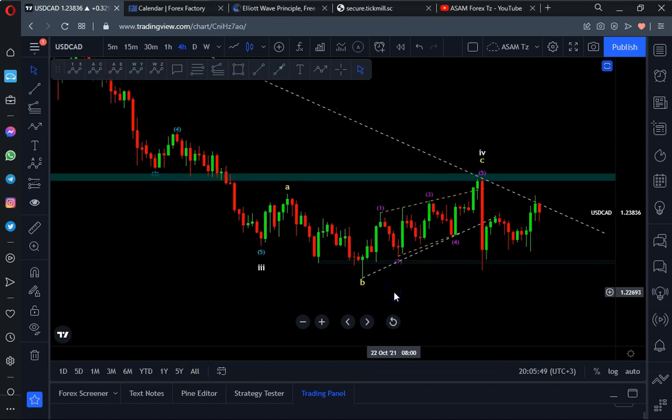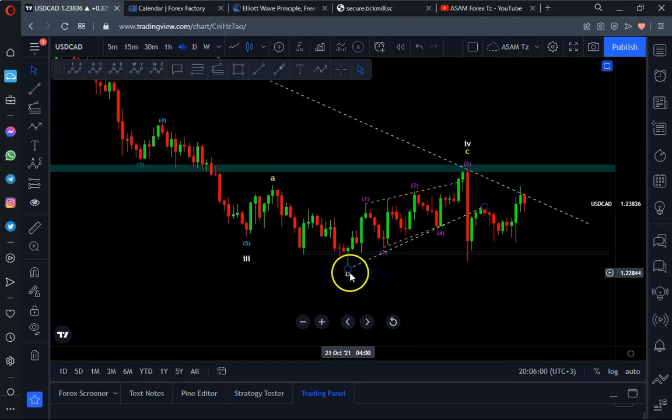Now it may not be an expanding flat, but basically in an idea which has met most of the rules and guidelines, this can be an expanding flat, whereby this will be wave B. So this was wave C, and usually wave C can take the form of a diagonal, and it is clear that this is an ending diagonal that has got a 3 3 3 to the upside.